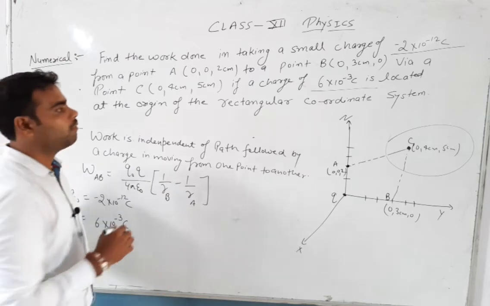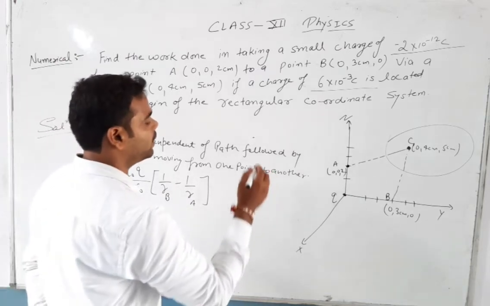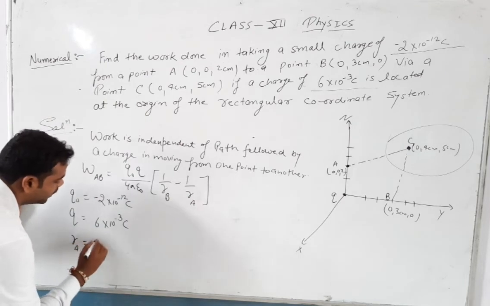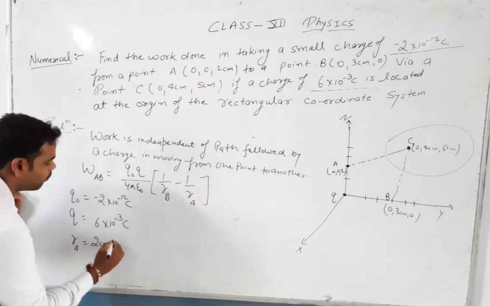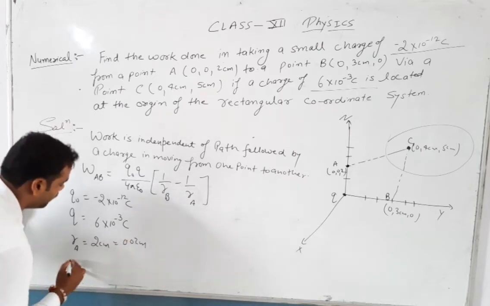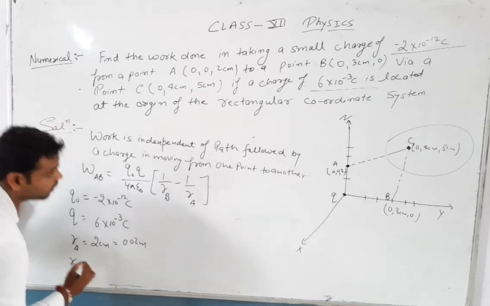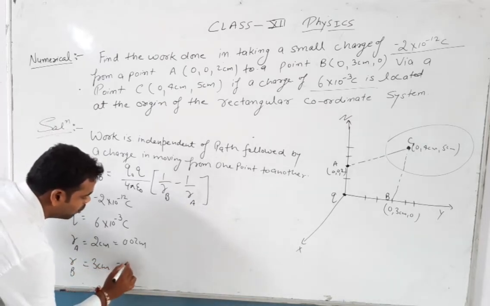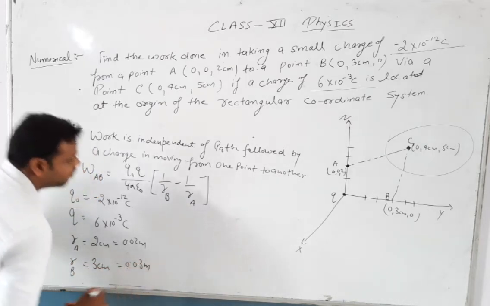Okay, and the value of RA is given as 2 centimeter, which can be written as 0.02 meter, and the value of RB is given as 3 centimeter, which will be 0.03 meter.